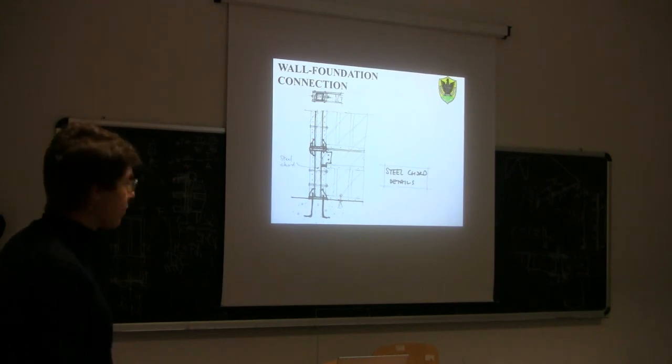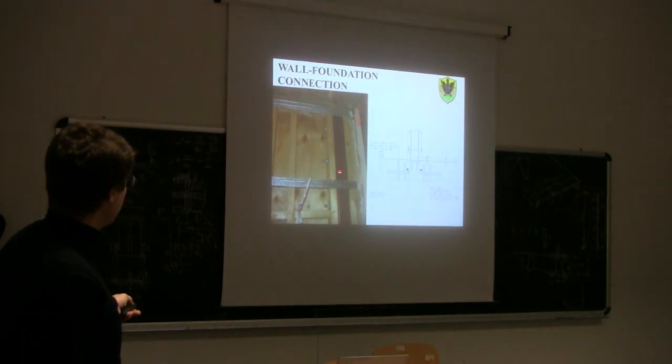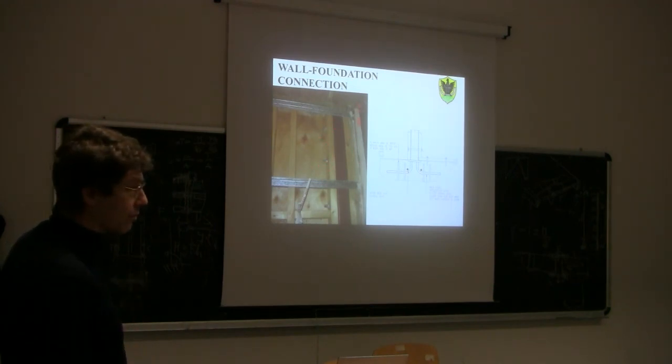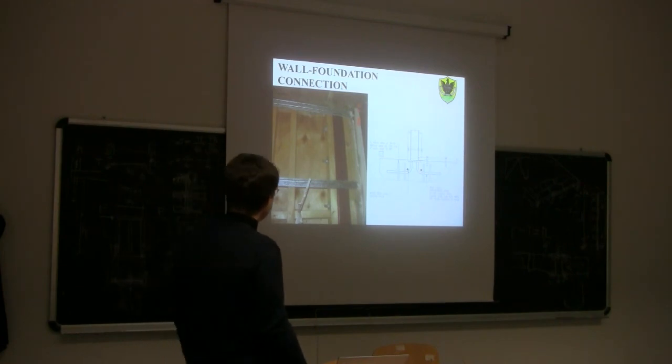So probably not very economic. Again, photo, steel pipe, timber member, and bolts connecting the three of them together to make them work together, because otherwise you would have only one of them working.